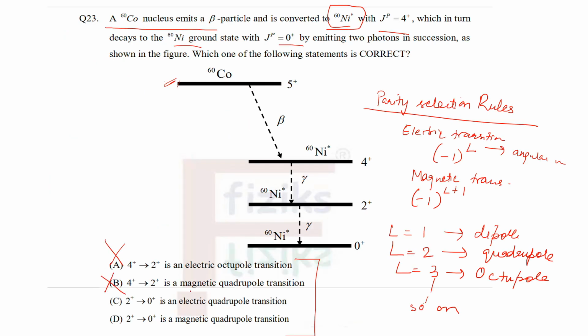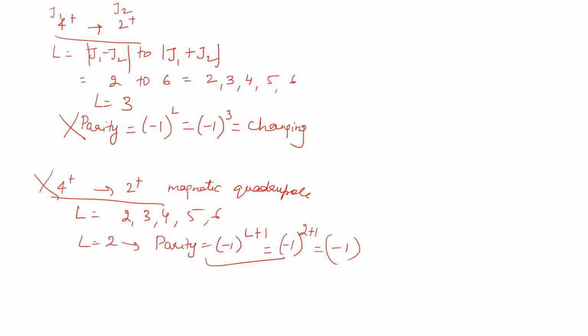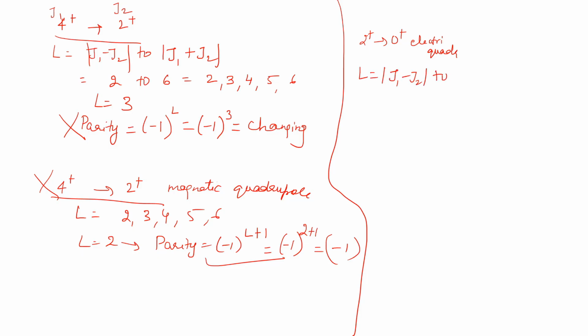Now the next one is 2 going to 0, electric quadrupole transition. So L will vary from the modulus of J1 minus J2 to J1 plus J2.